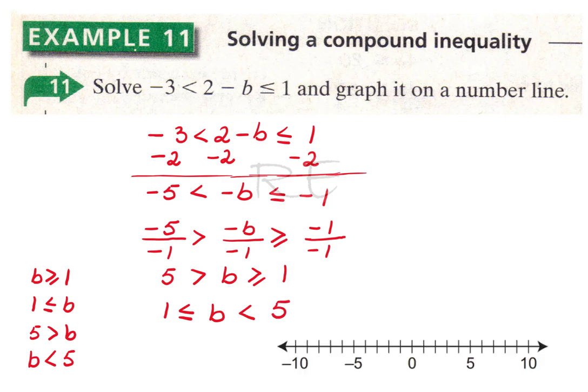So it's 1 less than or equal to b, strictly less than 5. We're going to locate 5, and 5 is not included, empty circle. Then we're going to locate 1, and 1 is included, full circle, and take the values in between.